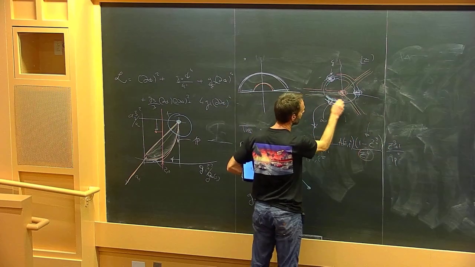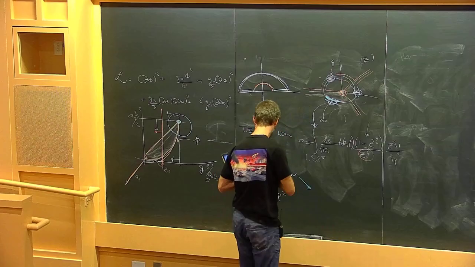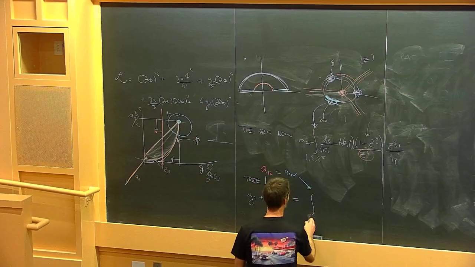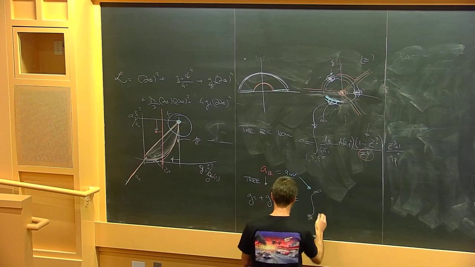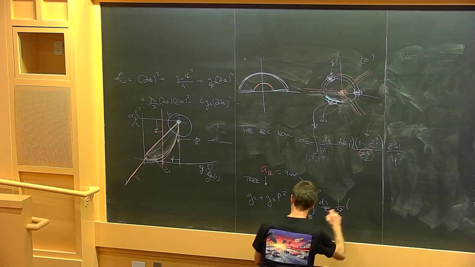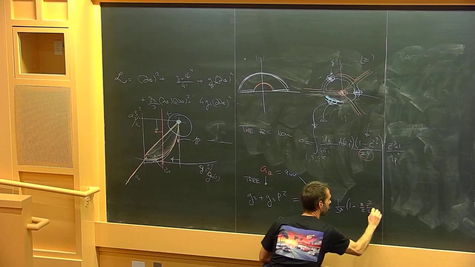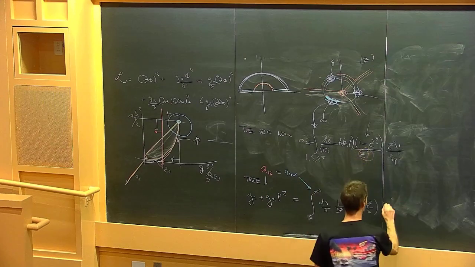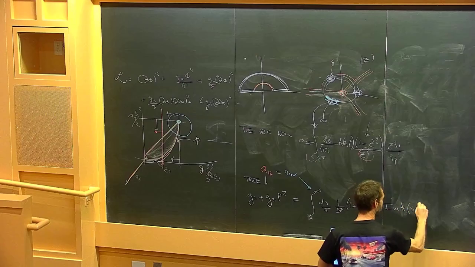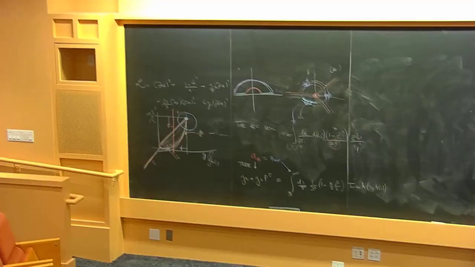Here s changes, so we can just change coordinates and write it in terms of s, and what we get is something that looks very much like the one we had before, from s bar to infinity, ds over pi, 1 over s cubed, and then you have 1 plus 3 halves p squared over s. And then you have the imaginary part of the amplitude as a function of s and t of s. t of s is how t changes along this arc.